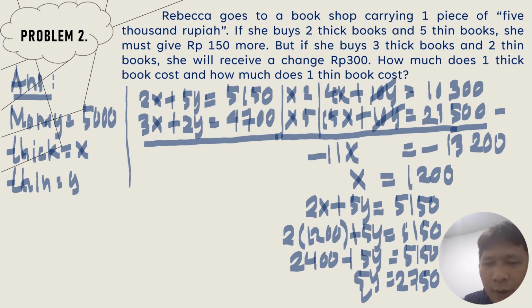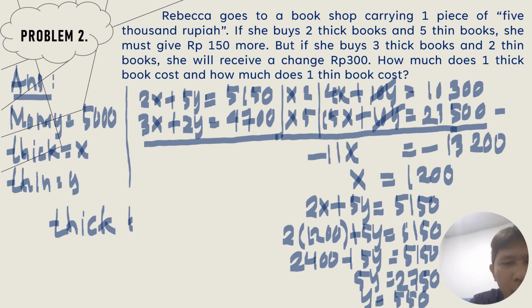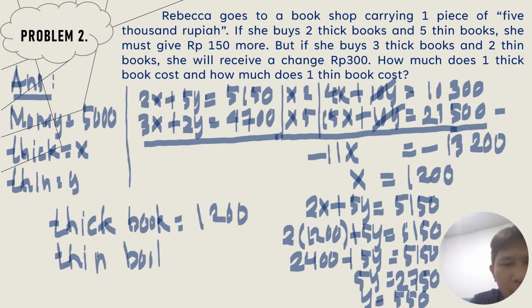Okay, then y equals 2,750 divided by 5, so y equals 550. So according to that, the price of one thick book is x, so x equals 1,200, and one thin book is y, so equals 550 rupiah.